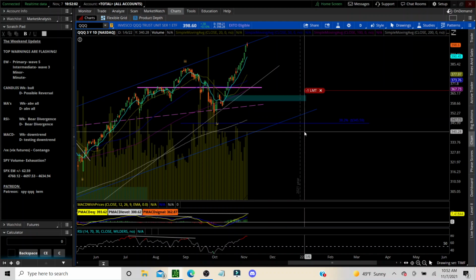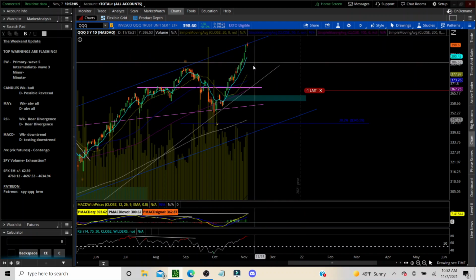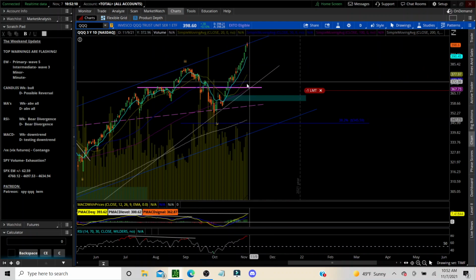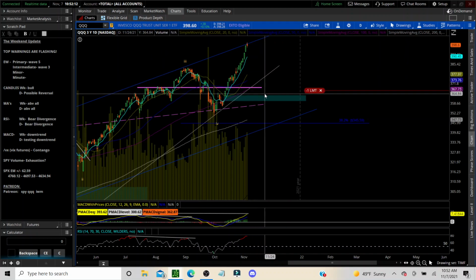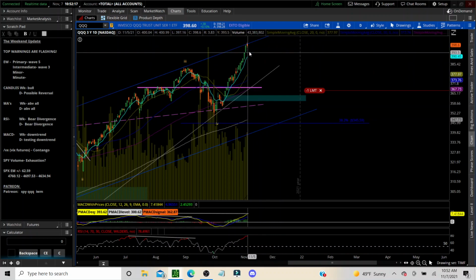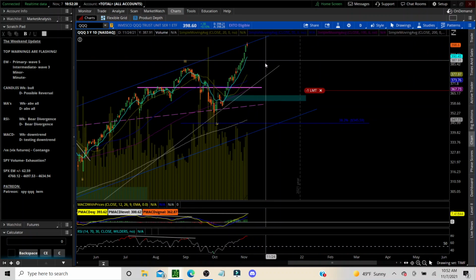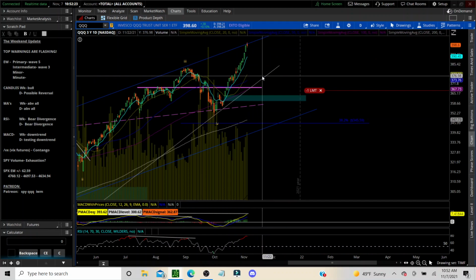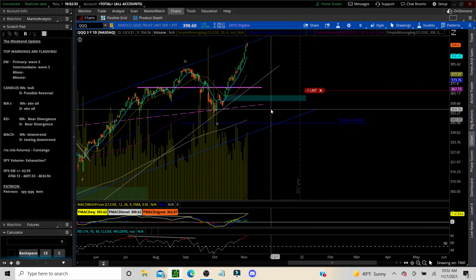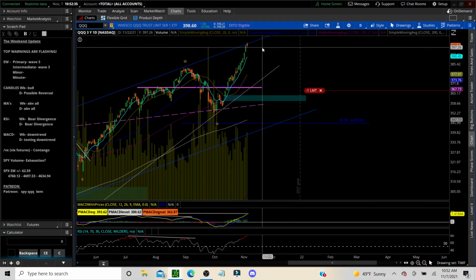Once we get under that 8 EMA, then we'll be tracking to see if we actually trend with that 8 EMA, and if we start slicing through some of these moves, then that would be very telling. But if we just start oscillating up and down, grinding, then I don't think we'll make it very far. I think we'll have to watch those levels, see how we react to them, especially the all-time high here at 382.